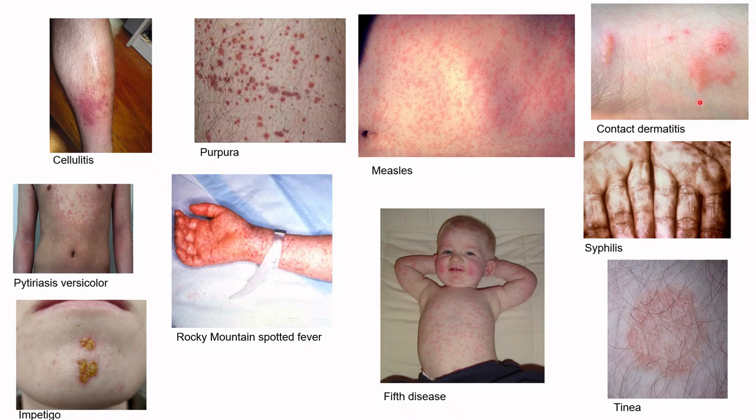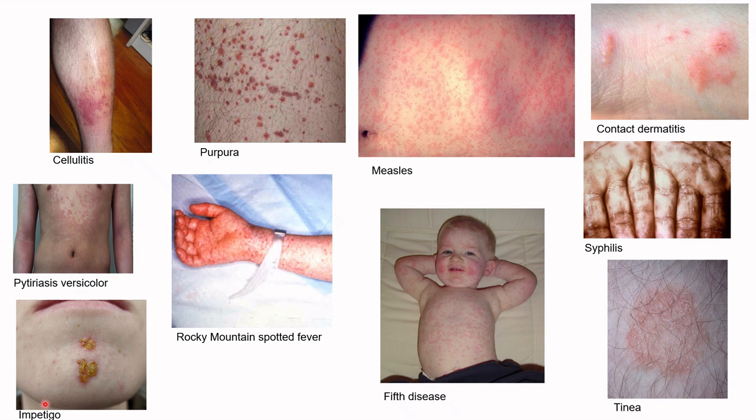Then contact dermatitis, which is not an underlying infection, but a hypersensitivity reaction to something that comes in contact with the skin. Syphilis, bacterial again. Tinea, so fungal. Fifth disease is again viral. Rocky Mountain spotted fever is bacterial again. Pityriasis, which is fungal, and impetigo, which is again bacterial.